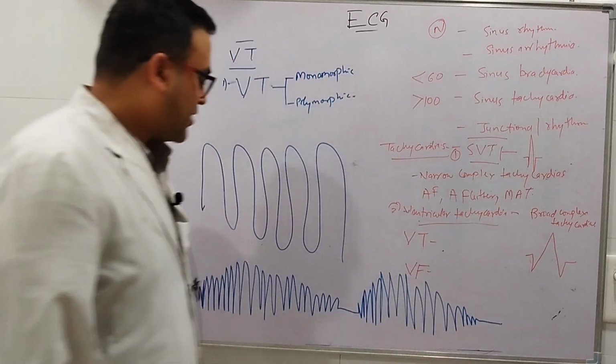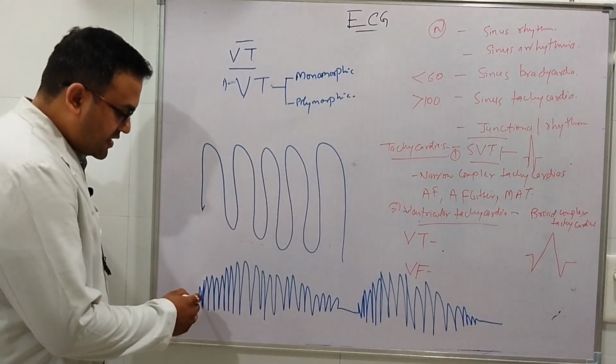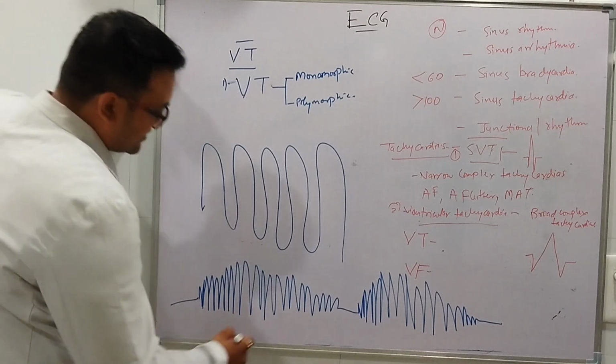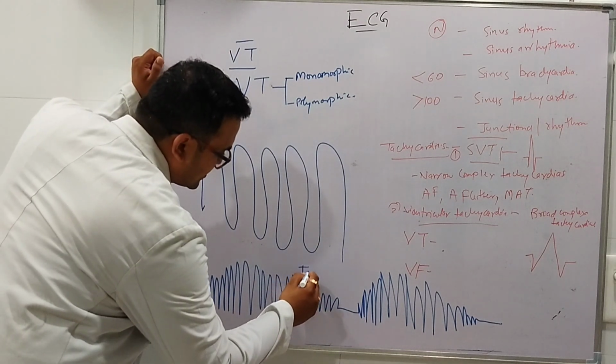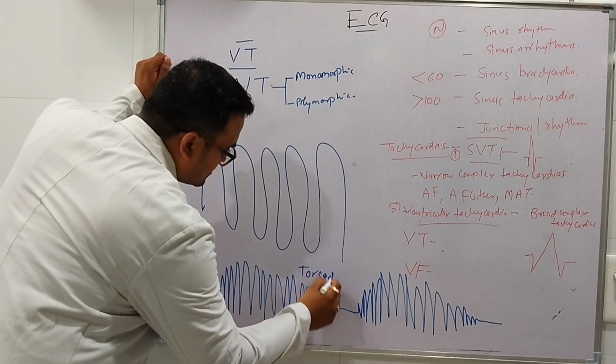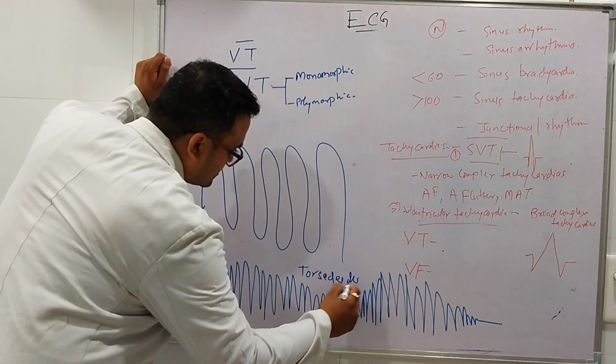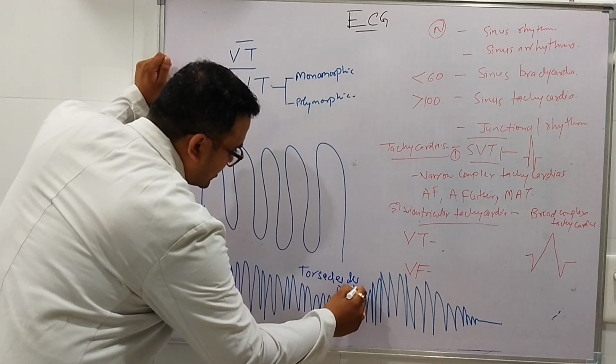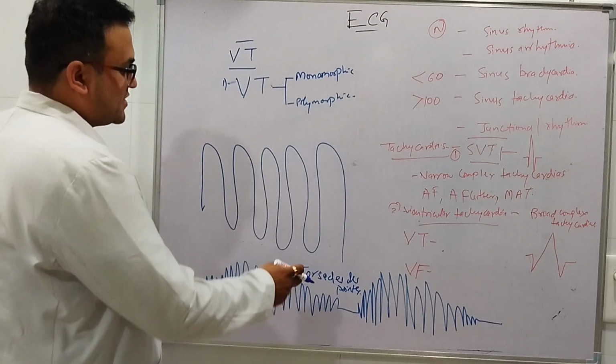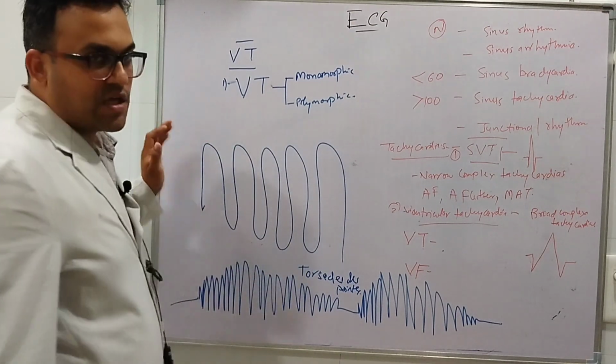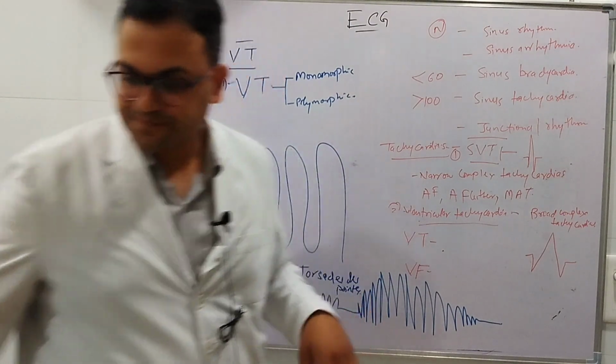This is called polymorphic VT, and this is also known as torsades de pointes. This is the polymorphic VT, and this is the monomorphic VT.